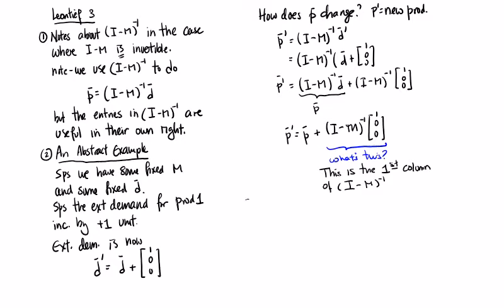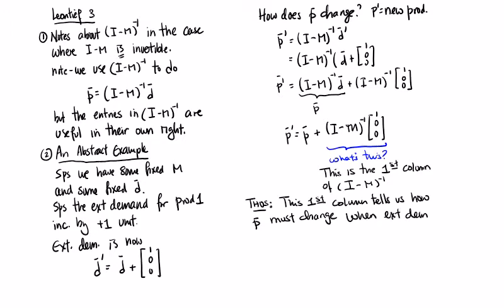So what this indicates is that this first column tells us how P must change when the external demand for product 1 changes by +1.